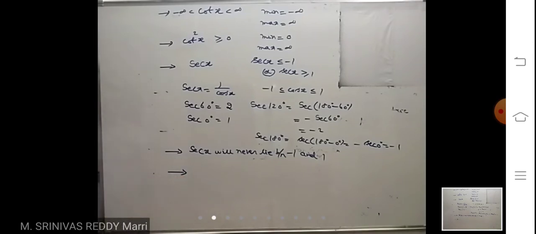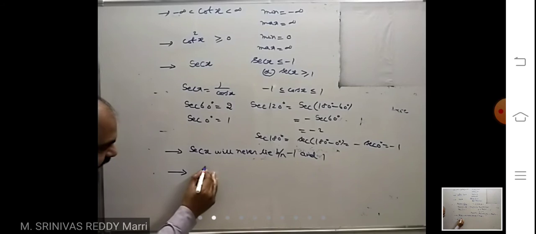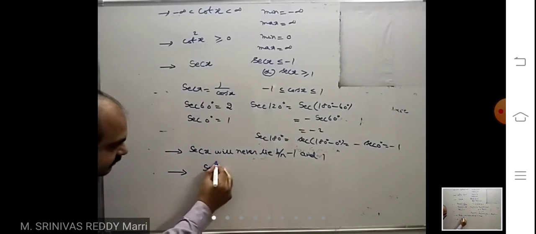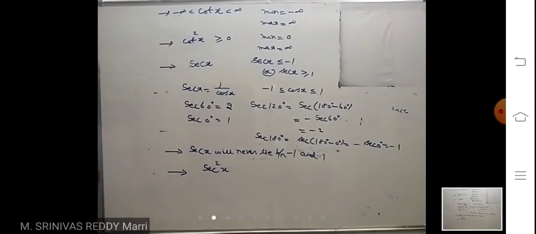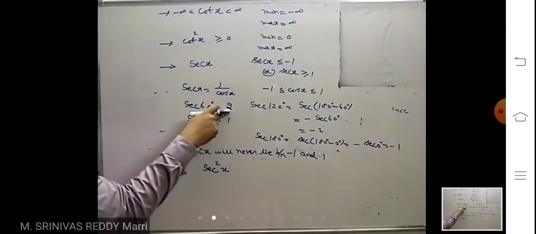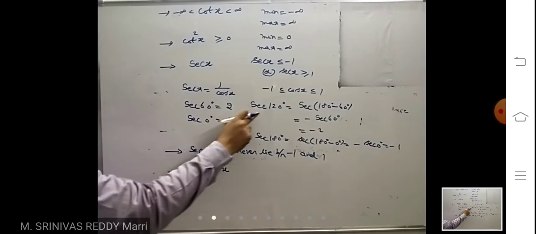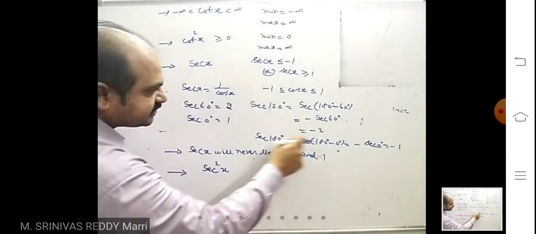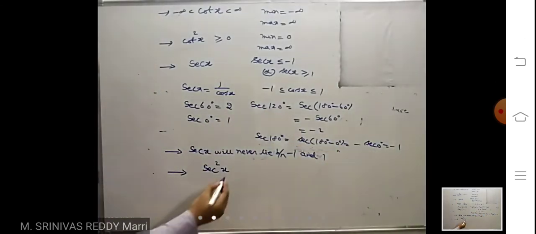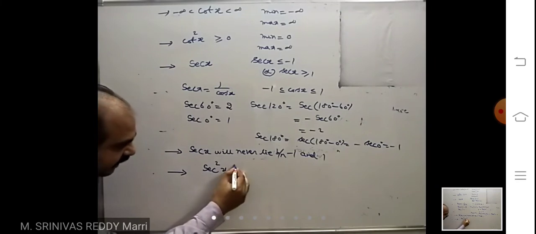Next, suppose if you square, secant square x. Look at all the values. Square this one, 4, square this one, what is this, 1, square this one, what is this, 4, square this one, what is this, 1. What is the minimum value? You will get 1.